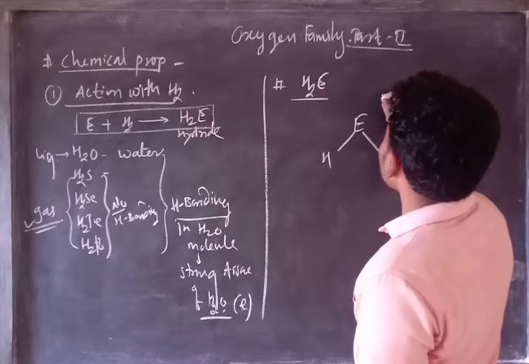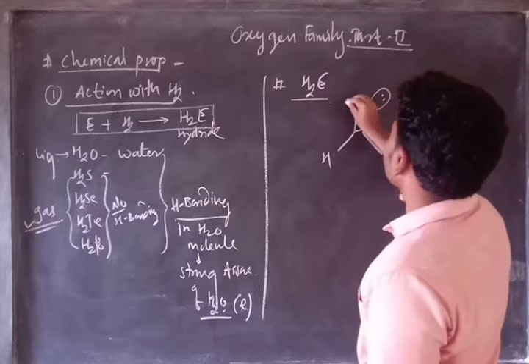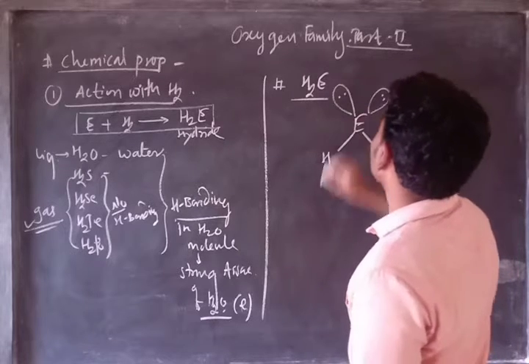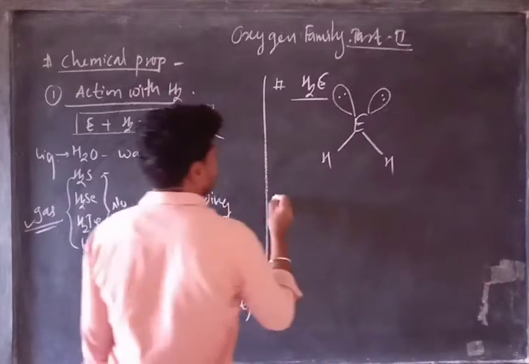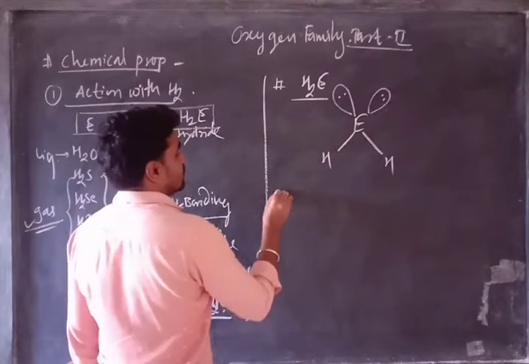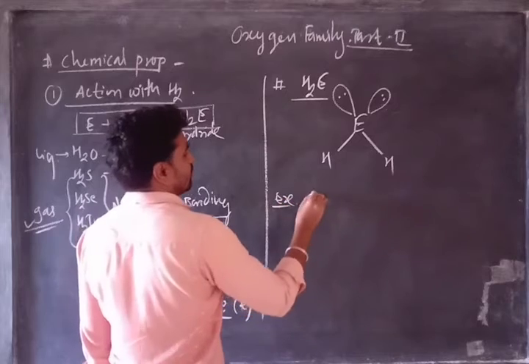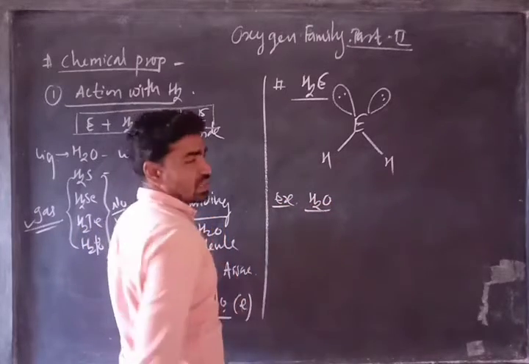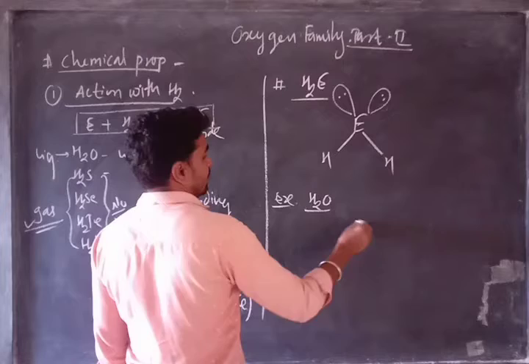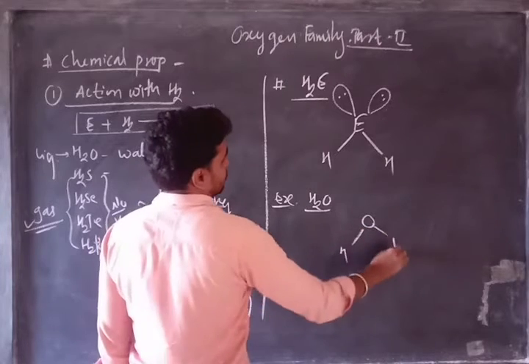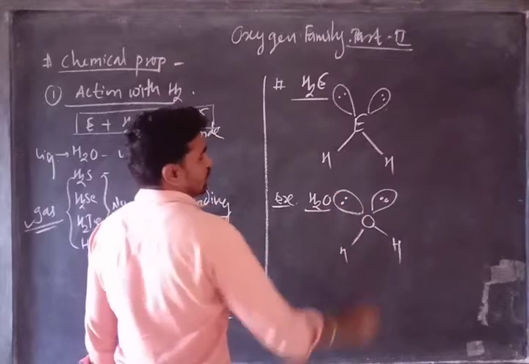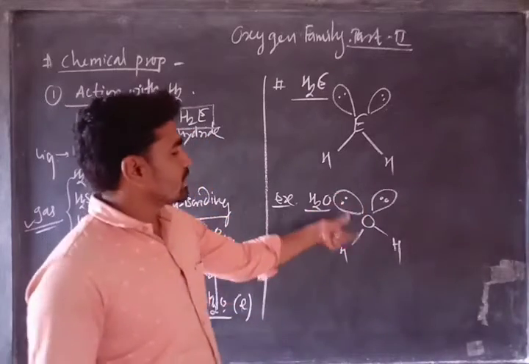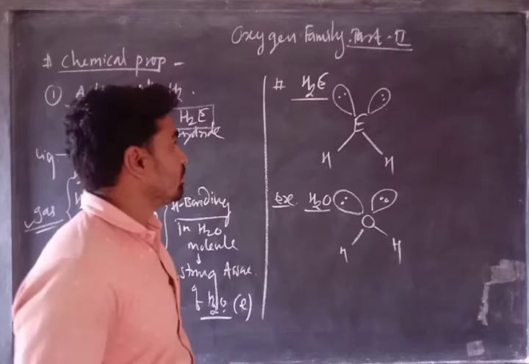And on this E atom, there are two lone pairs. If you want to visualize the structure, you can visualize the structure of the water molecule, that is the first member of hydrides of oxygen family. Here is oxygen, here is hydrogen, and there are two lone pairs on the oxygen. Such type of structure they form.